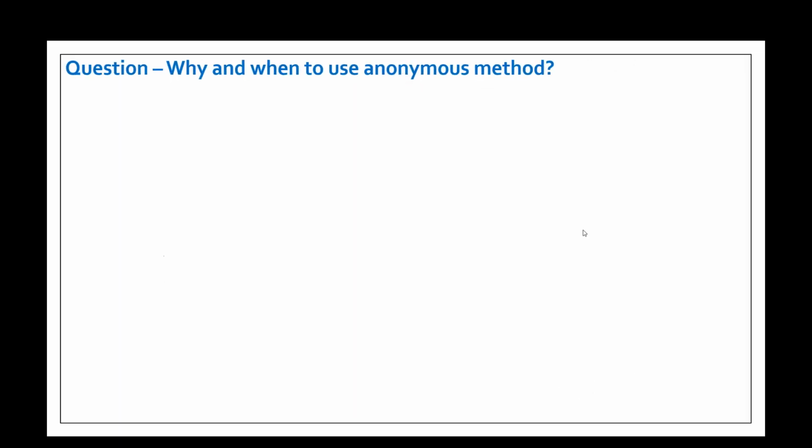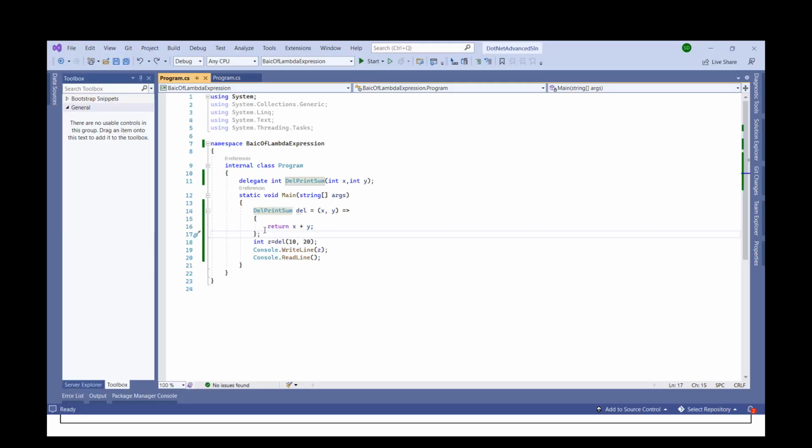Let's discuss why and when to use an anonymous method. We need to know the exact applicable area. The first point is when we are writing a small block of code. For example, here I have used this anonymous method just to add those two parameters. So if there are a few lines of code, then we will go for an anonymous method.